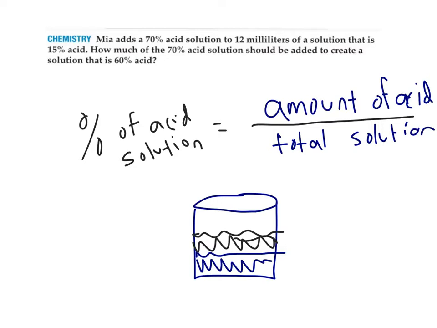And the percent of your acid would be the total amount of acid, in this case in milliliters, divided by the total amount of liquid. Okay, so in order for us to find 60% of a solution, we're going to have to figure out the total amount of acid over the total solution.